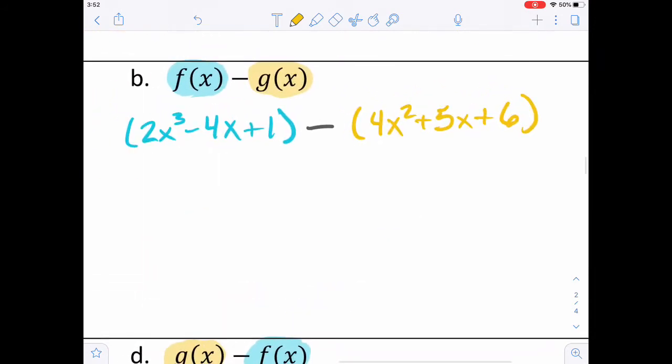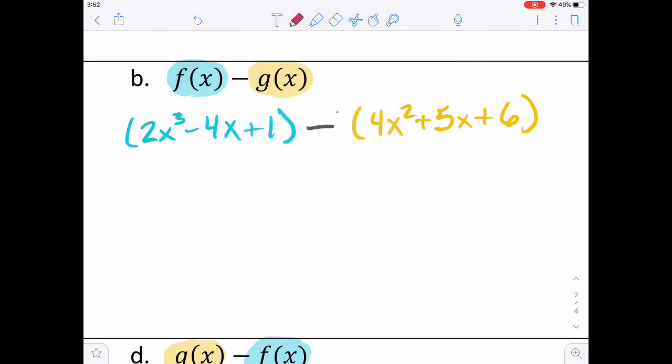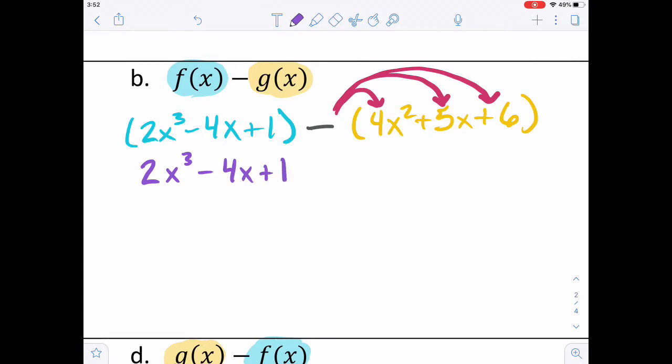And here's where that parentheses becomes super important. It's really in the subtraction. This minus has to go to each of these terms. So then we have 2x cubed minus 4x plus 1 minus 4x squared minus 5x minus 6.